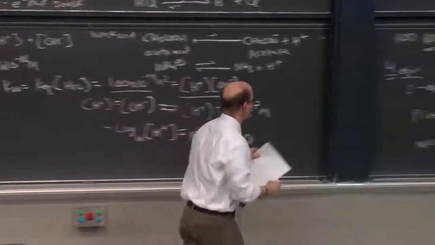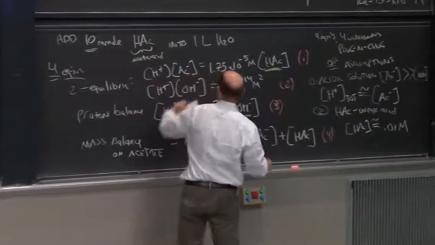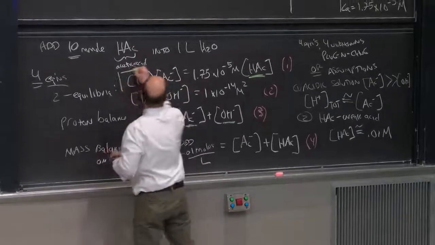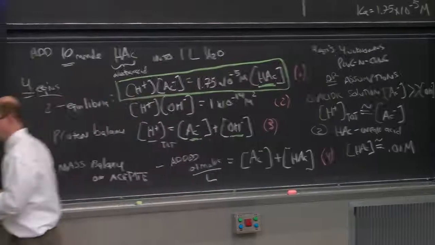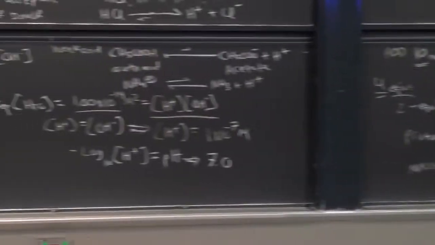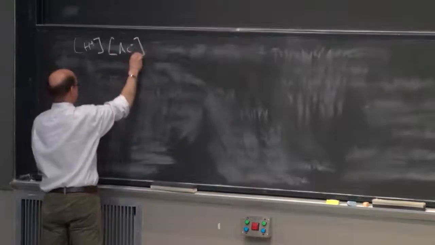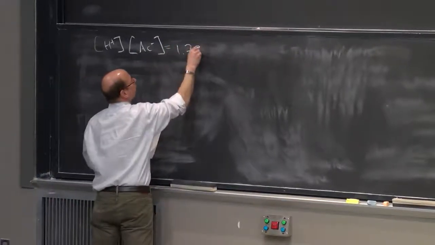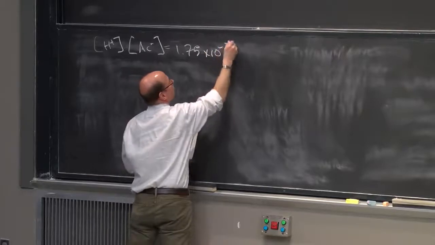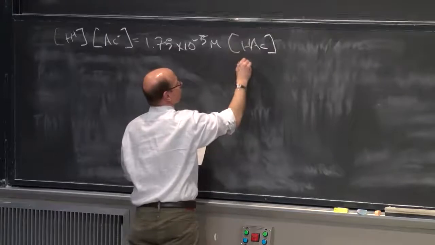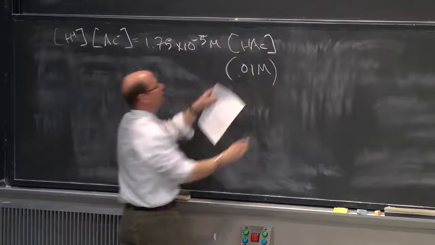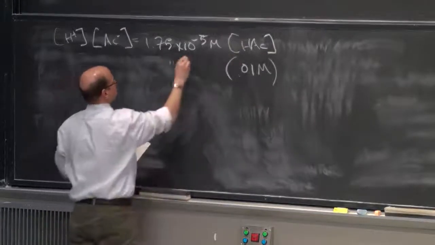And so with those assumptions now, I can go back to equation 1. This is the equation that I'm going to use. The concentration of protons times the concentration of acetate anions equals 1.75 times 10 to the minus 5 molar times the concentration of acetic acid. I already told you that I'm going to make the assumption that this is 0.01 molar. I'm going to pretend it didn't dissociate.